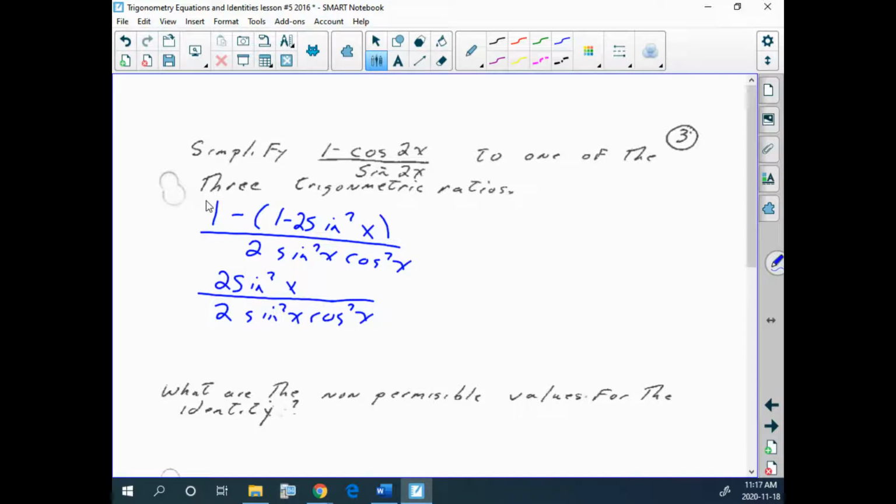So by reducing the top guy to one term, no addition, there's nothing glued to 2 sine squared x. That 2 and the sine squared x will cross off, leaving you only with 1 over cos squared x, which is secant squared x.